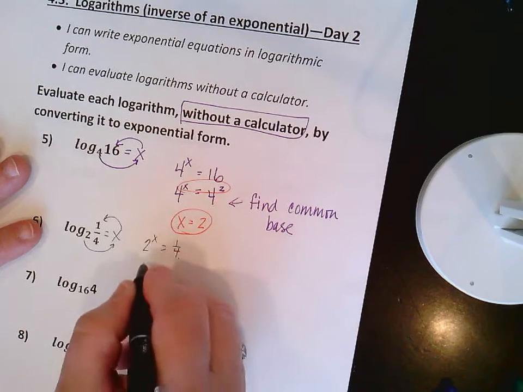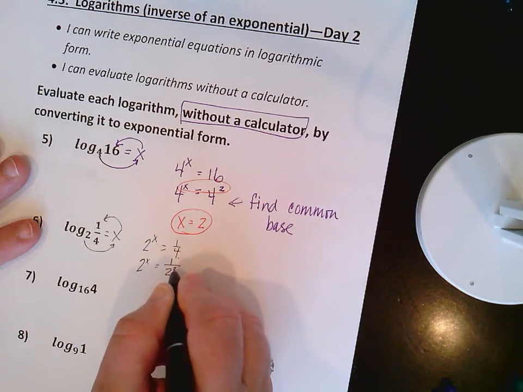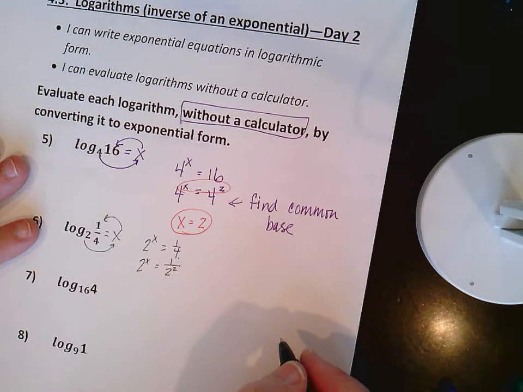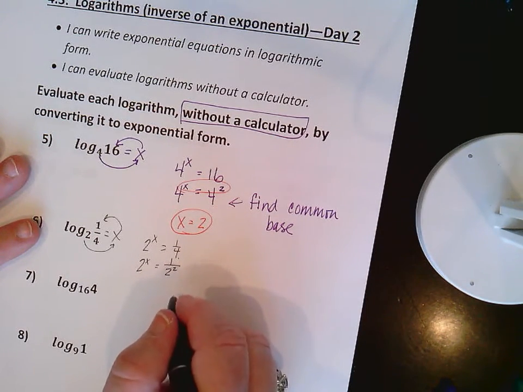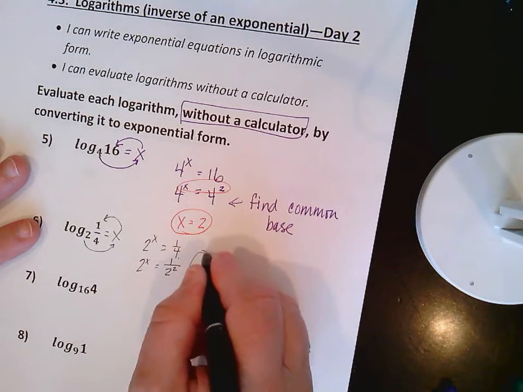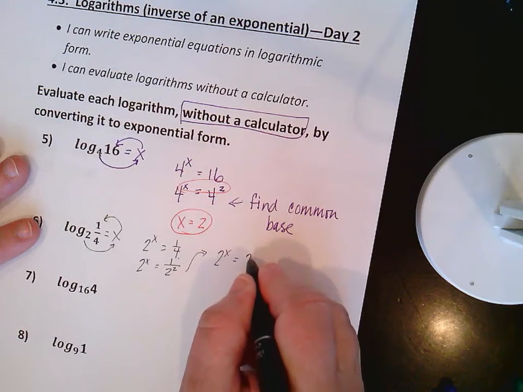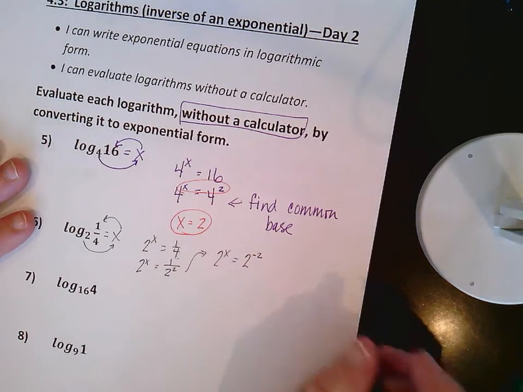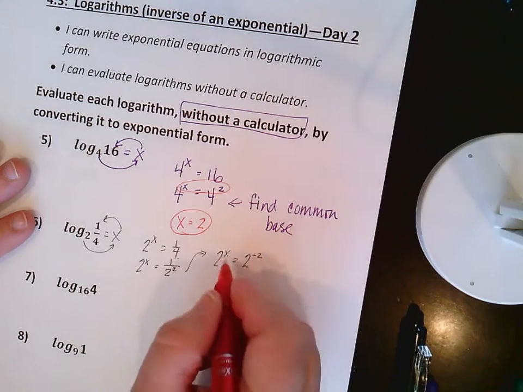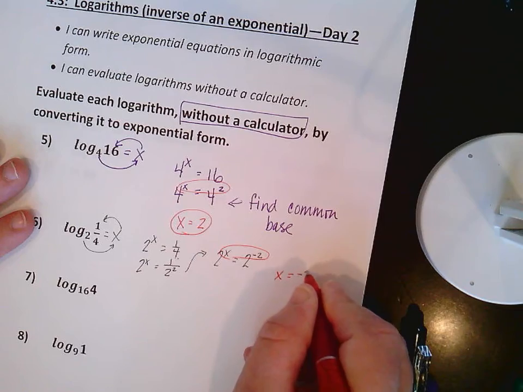So this is 2 to the x equals 1 over 2 to the second. But I don't like this fraction thing. So what I'm going to do is move it up and make it a negative exponent. So 2 to the x equals 2 to the negative 2. Then once I have my common base, I can set my exponents equal to each other, and I know that x equals negative 2.